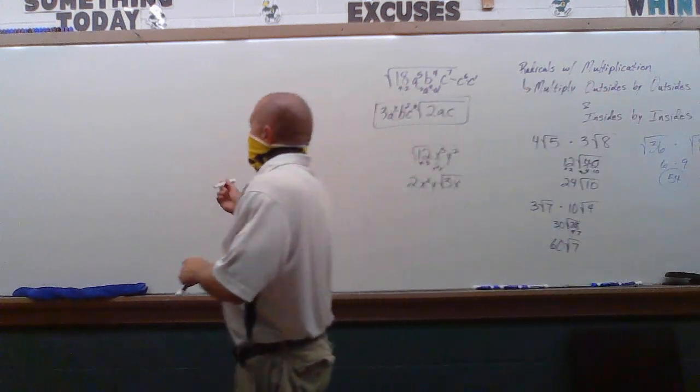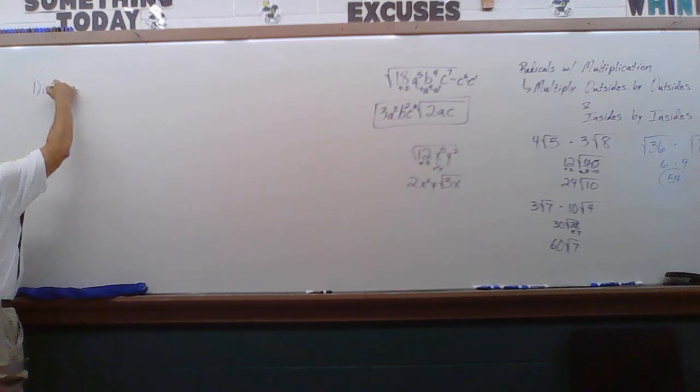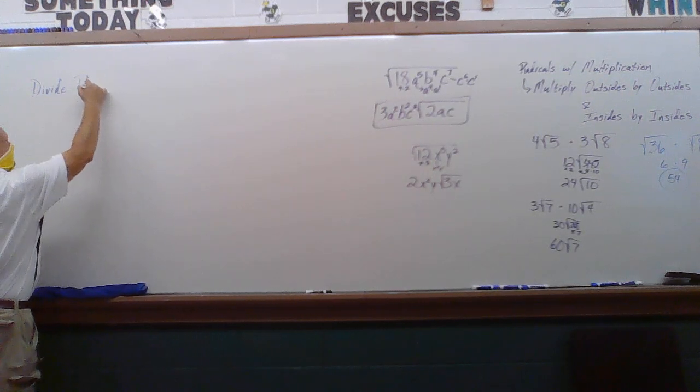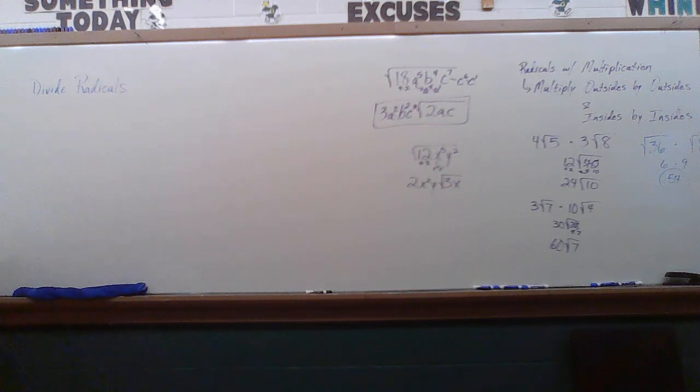All right. So when we divide radicals, there's a couple of funky rules with this. This is where we might have to take a little bit more time if you haven't done this before.